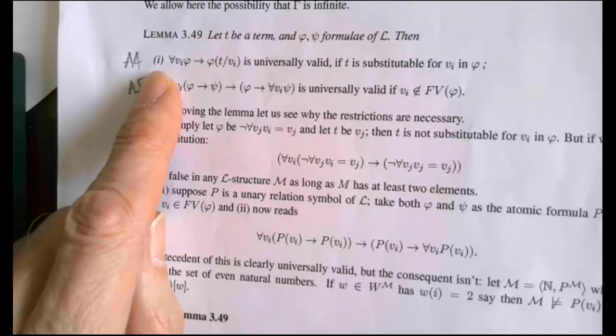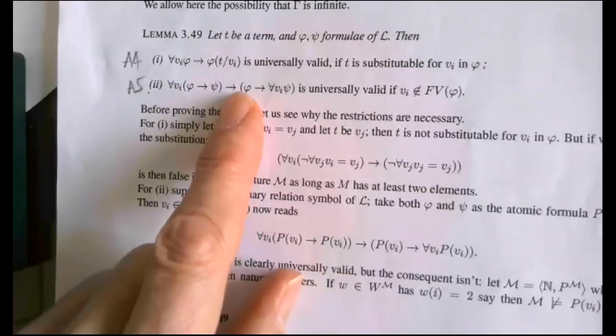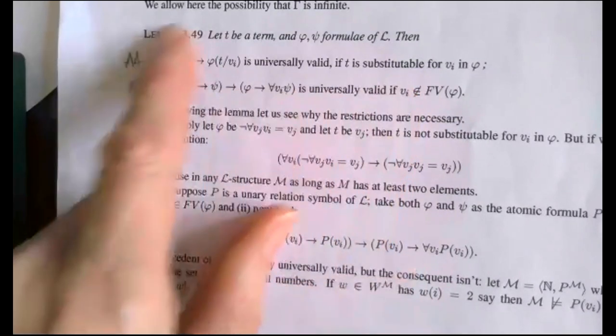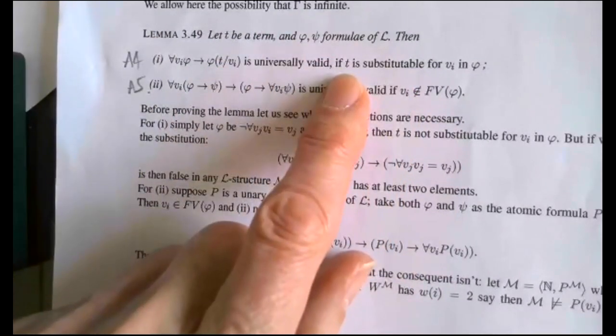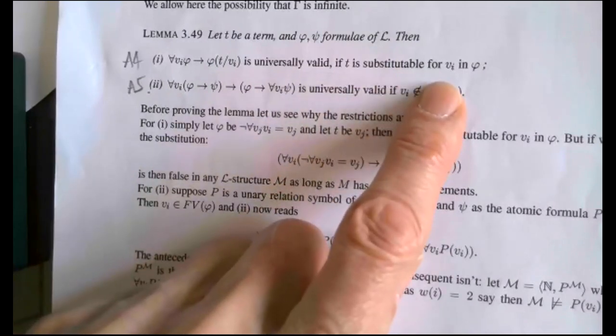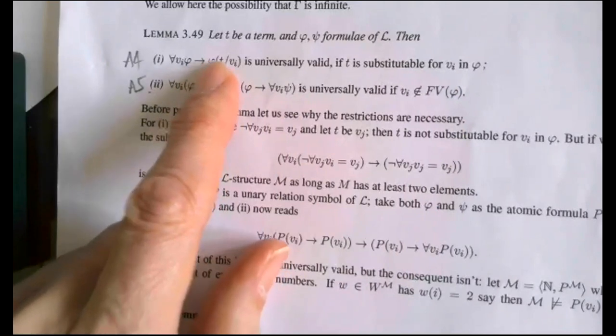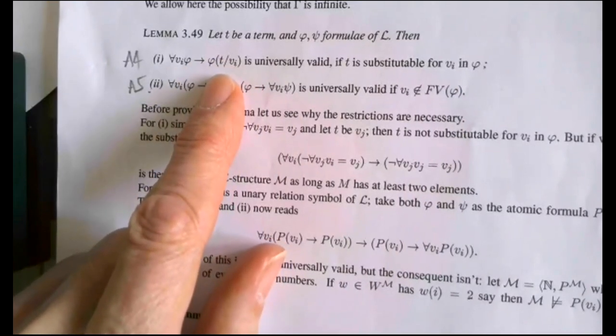There are some provisos. It's only universally valid if the term is truly substitutable for v_i in phi. We don't want to make a substitution in here and mess things up.